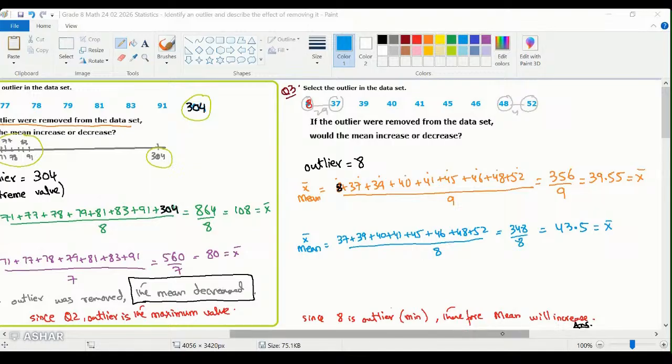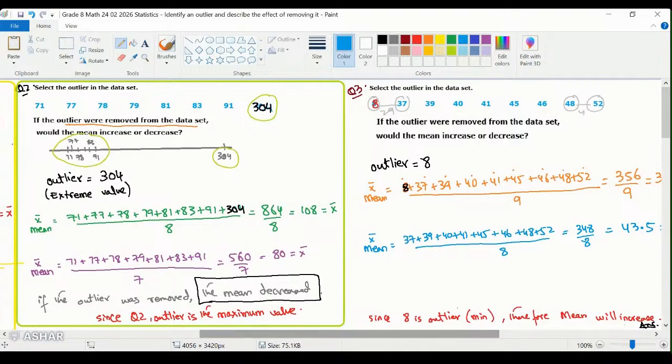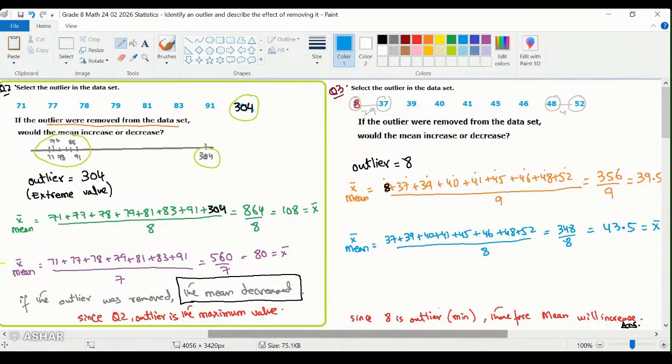And if we remove an outlier that's a maximum number, right? In the previous one, the mean is increasing because the outlier is a minimum number. If the outlier was a maximum number, the mean will decrease. That's what we need to remember. Okay?